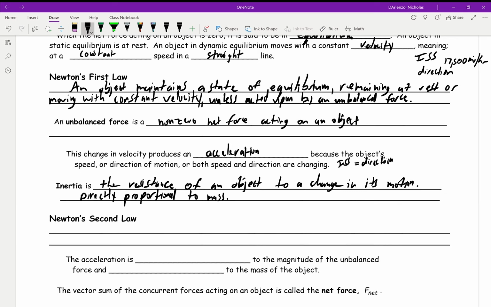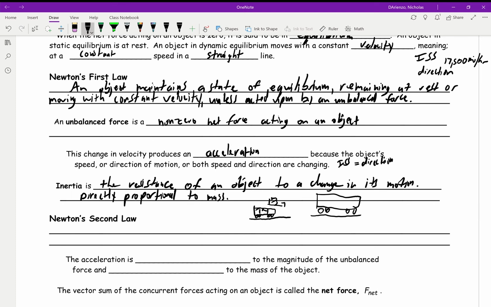There's a couple examples I'll use here. If you think of a toy train moving down a straight track, let's say at 1 meter per second. So we have a train here moving at 1 meter per second. And we consider an actual train. This is not drawn to scale.